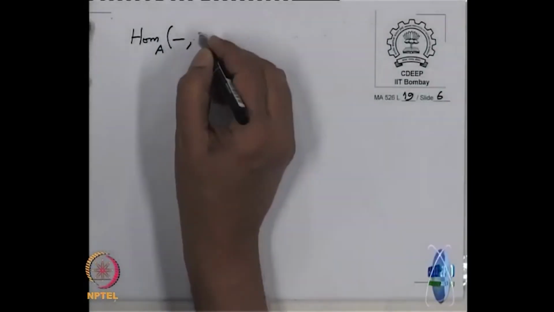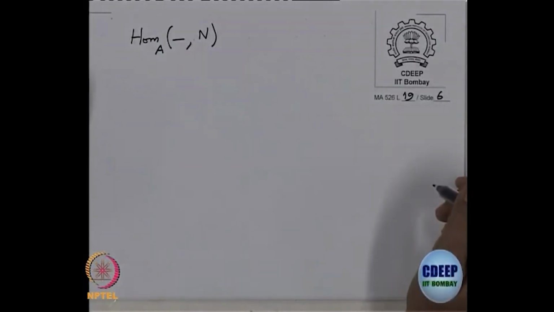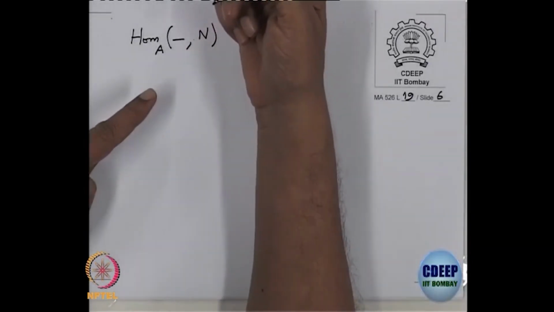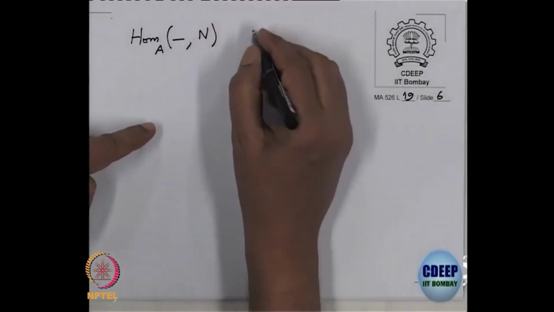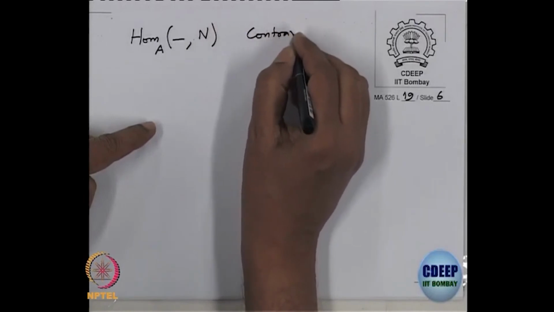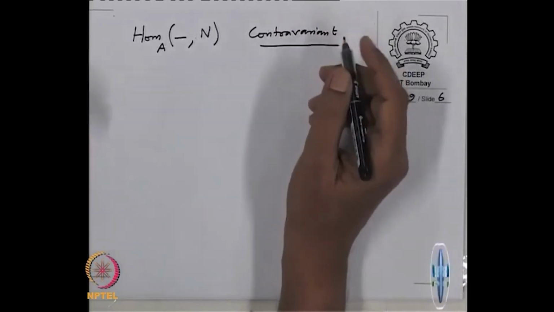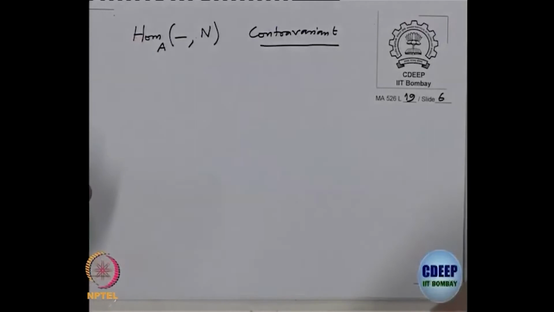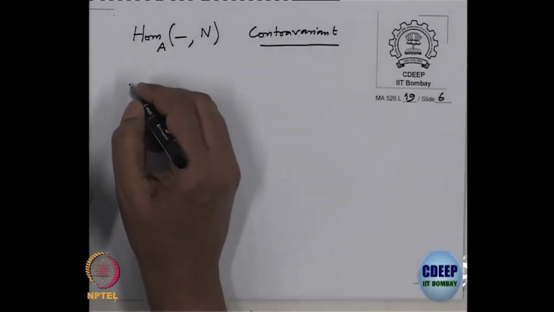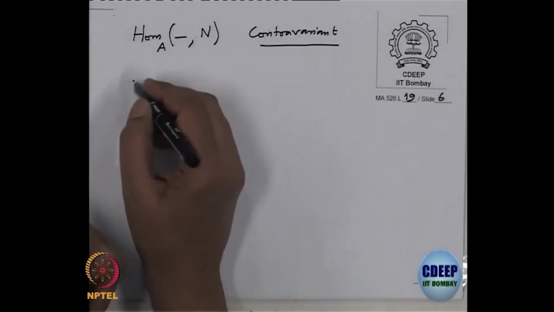Now, you apply home A dash N. The tensor functor was covariant, this is contravariant. So, the arrows will get reversed. It will start the other way. It will start with 0, home is left exact.